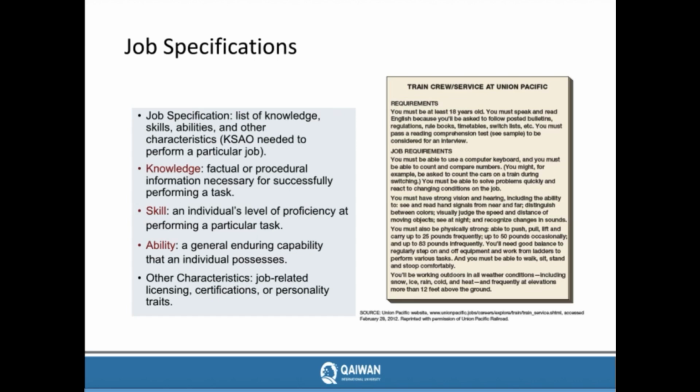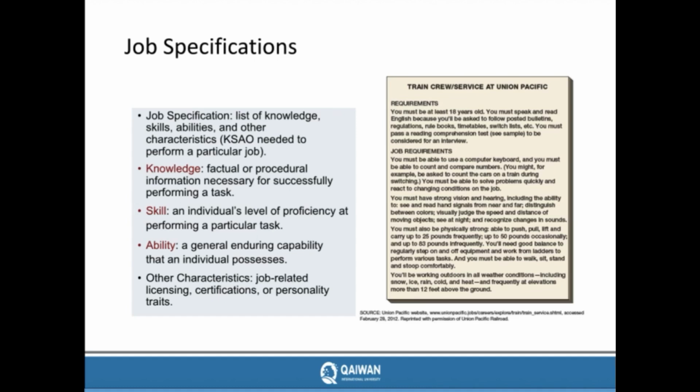So it is the information that is required to do the job. And the skills, how well someone can perform a task, developed through practice. So these are the skills. And ability is more general, what a person naturally has or develops over time.